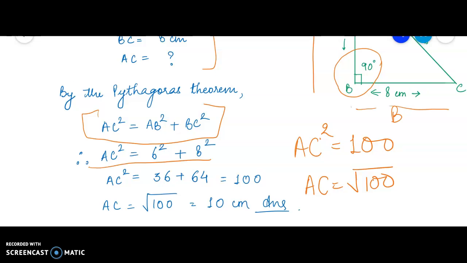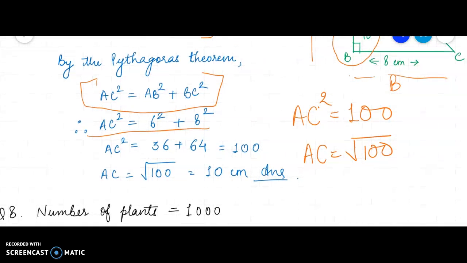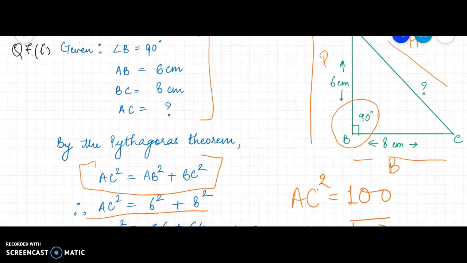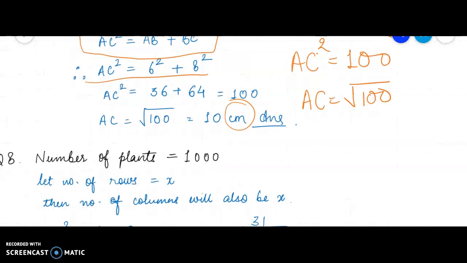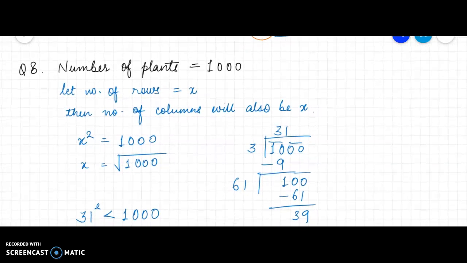And you know that the square root of 100 is 10. Do not forget the unit given. So 10 centimeter is the AC side. That is the hypotenuse side.